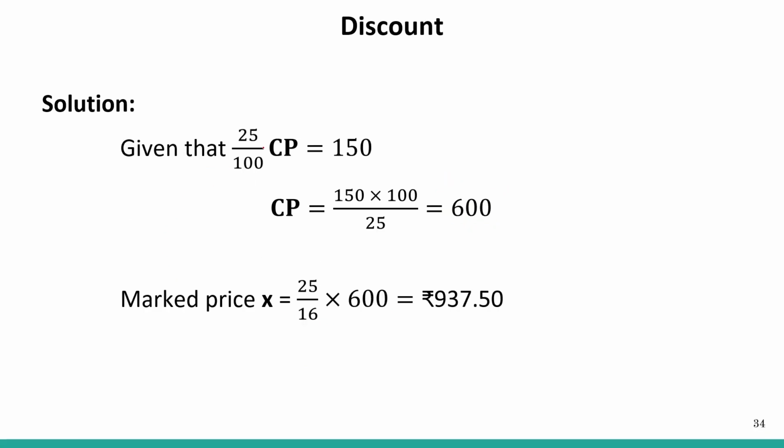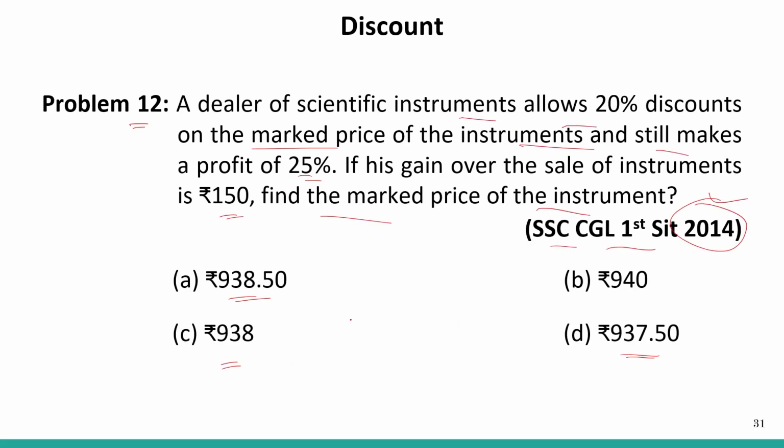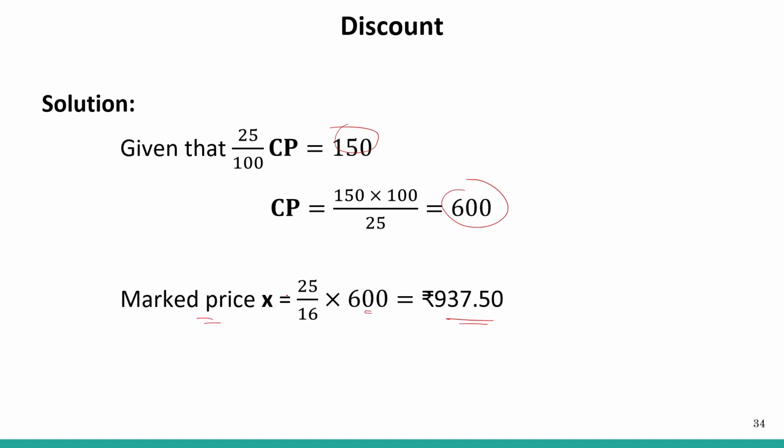Okay, so given that 25 by 100 CP is equal to 150, this is what is given. So CP can be calculated as 600 rupees. So mark price is equal to 25 by 16 into CP, that is 600 in this case. So it will be 937.50. So 937.50 is the only correct answer here. Options B, C and A are all wrong answers.